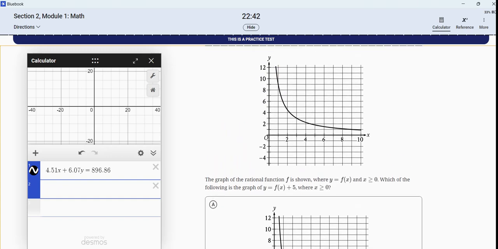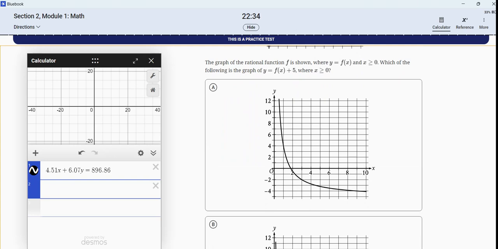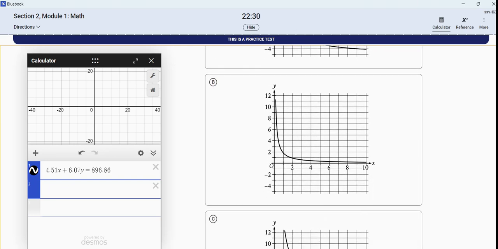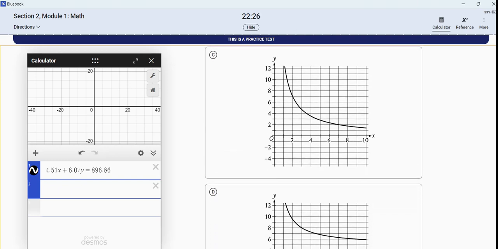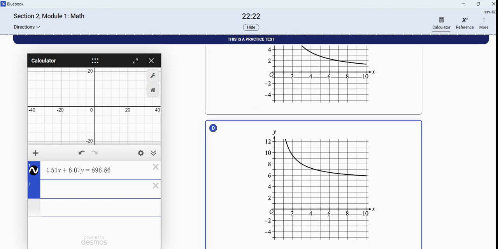How we can do this is, we can look at a point (3, 8), and we'll just look. And (3, 8), so this is the correct answer.